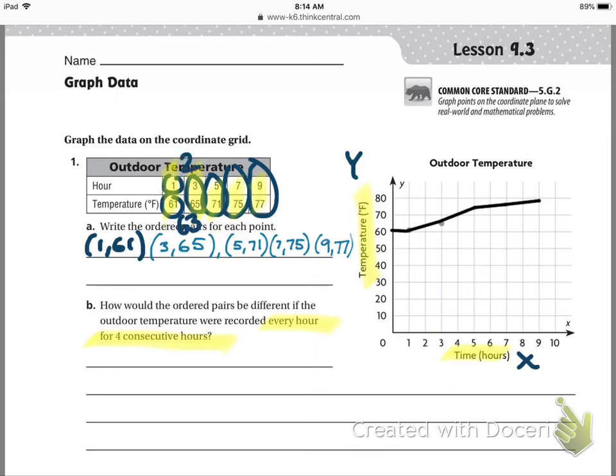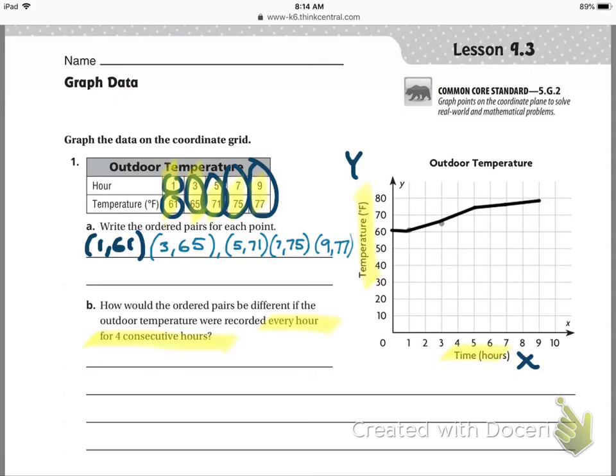It wouldn't quite be 65, but it'd be more than 61. So it would rise slower. So to answer this, I would say something along the lines of there would be 4 ordered pairs and the temperature would rise slower.